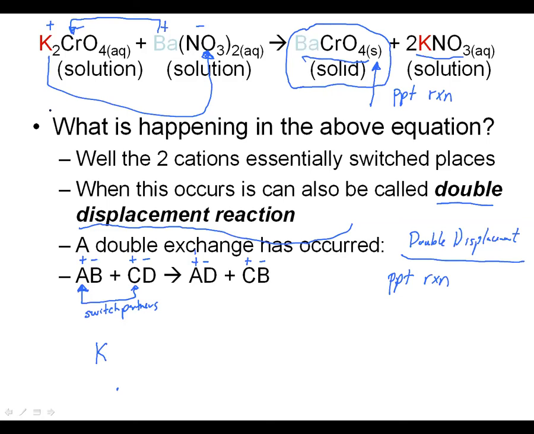So the potassium is coming together with our nitrate. And when we put these together on the other side, forget about balancing or anything like that. You always want the correct formula. So when we take +1 for potassium and -1 for nitrate, that gives us KNO3.